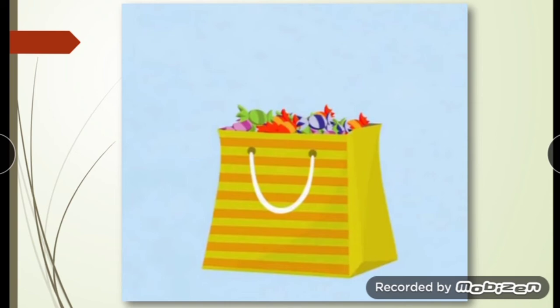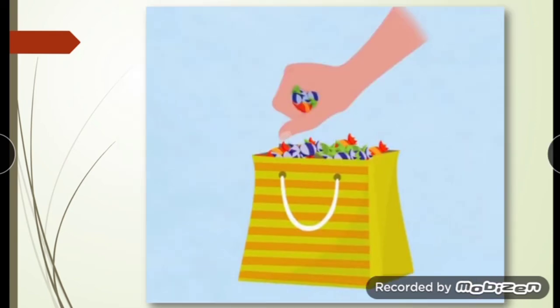No doubt, you will try to take as many chocolates as your hand can accommodate, right? That means the maximum number of chocolates you will wish for. It's a human tendency, children. We try to grab the maximum number of chocolates in our hands.